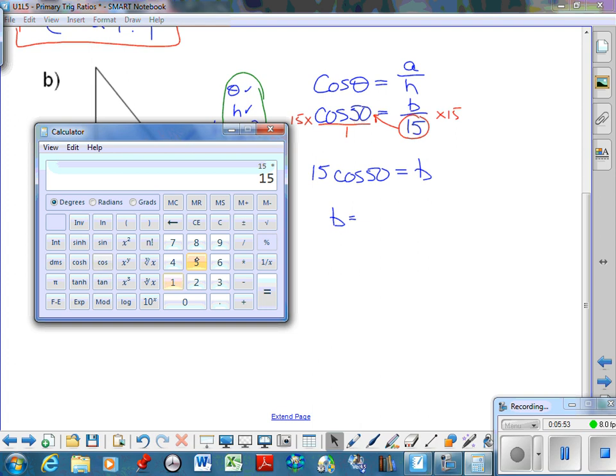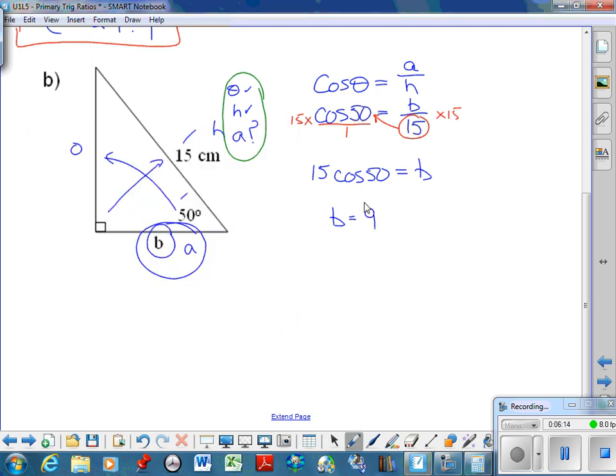So 15 times 50 cos. And again, that's only cos 50. That decimal, you have to hit your equal sign. And I get 9.64. So there we go. That's how you find unknowns in a right triangle.